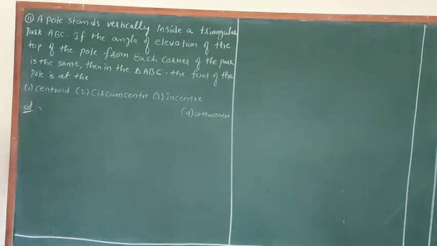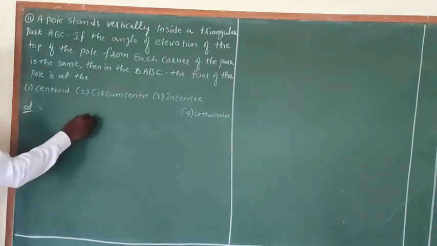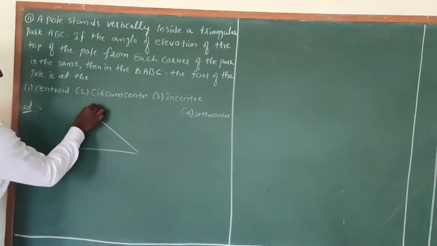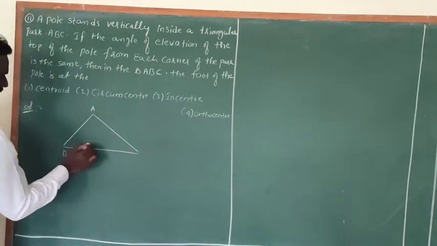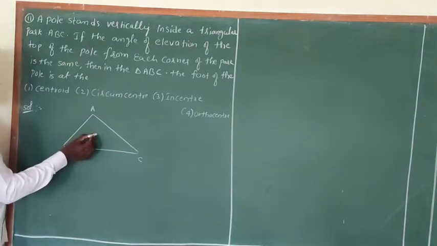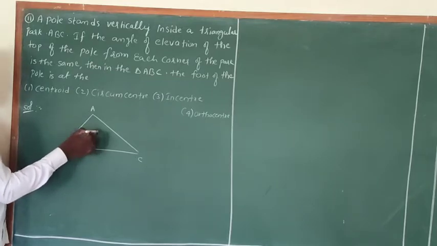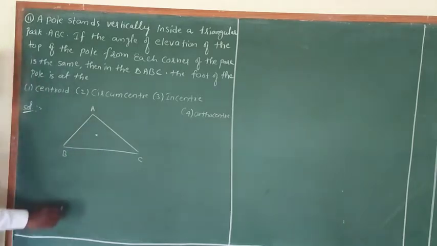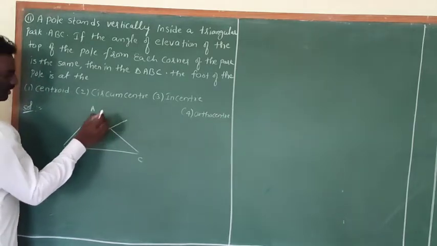Solution. First, you need to take a triangular park. This is triangular park A, B, C. Here a pole stands vertically inside a triangular park. This is the foot of the pole and this is the top of the pole.